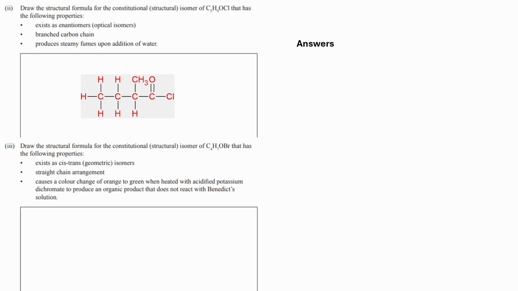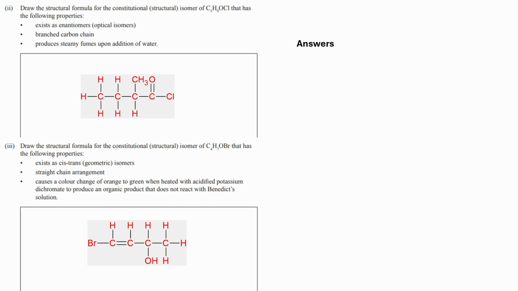It must have a double bond, and the double bond has to be in such a place that each carbon that's part of the double bond has 2 different groups coming off it. So this is the molecule that I've drawn here.